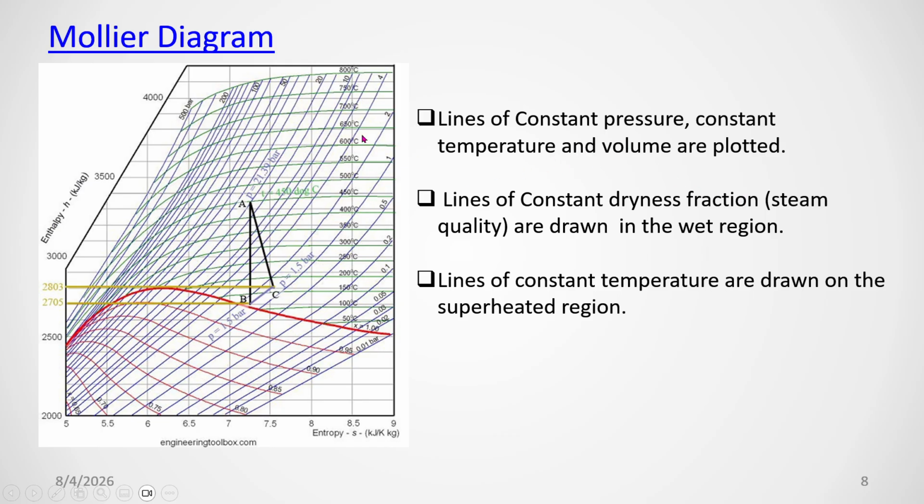There are different types of constant pressure lines, like 500, 200, 100, 50, 20. Then there are constant dryness fraction lines, and constant temperature lines.